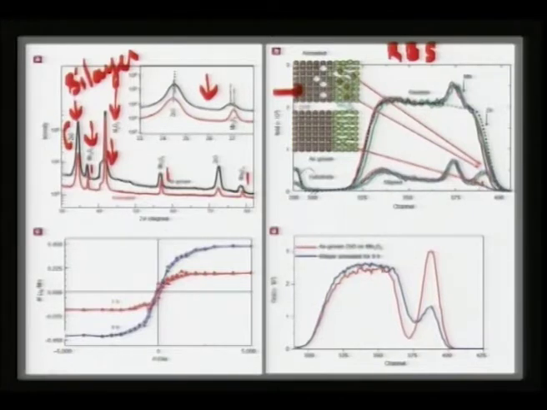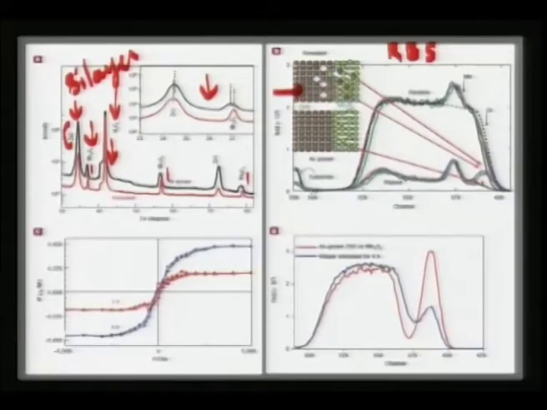So, what really happens between the as grown film and the annealed film, as given in this cartoon, is that some of the zinc 2+ ions are diffusing into the Mn3O4 layer, and they are getting substituted in the interstitial sites. There are vacancies, oxygens are also lost, and zinc is getting incorporated here and there in the Mn3O4 matrix. This is the signature that we can get from Rutherford backscattering.